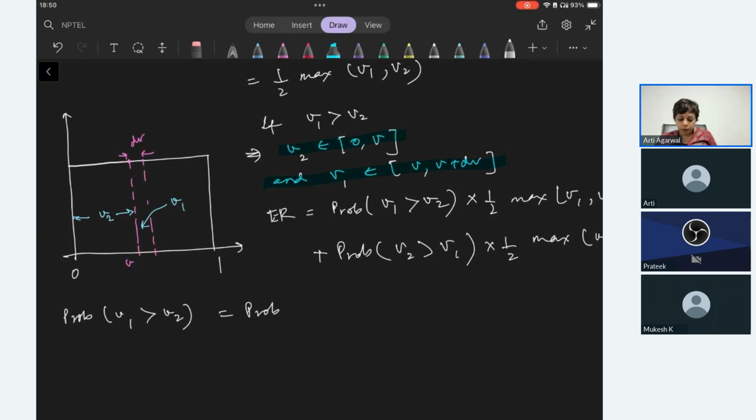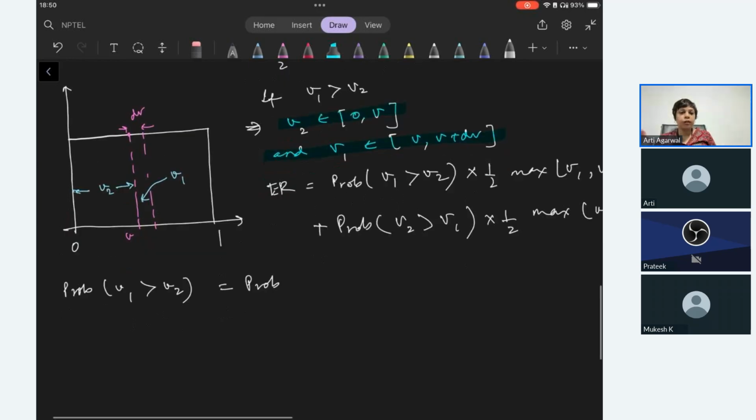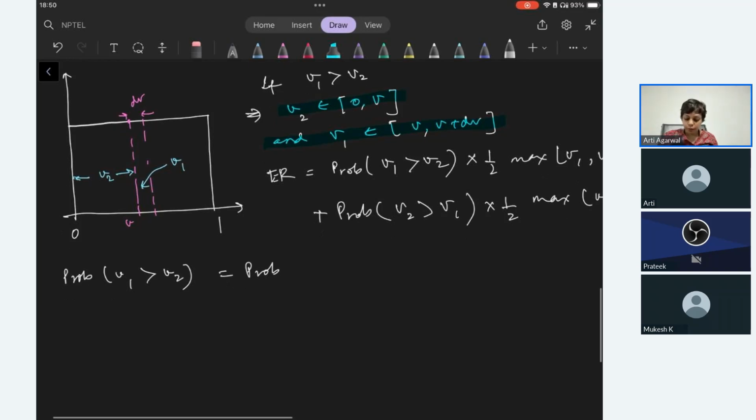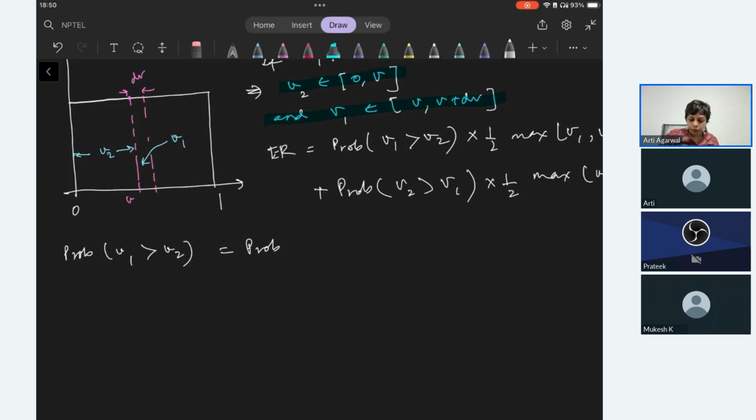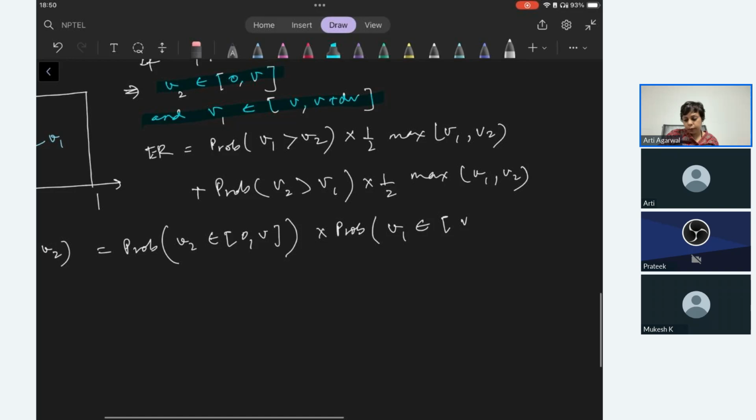Then what we're looking at is the probability of both these events occurring simultaneously, right? So we're looking at the joint probability. That means we are taking the probability of V2 belonging to 0 comma V into the probability of V1 belonging to V comma V plus dV.